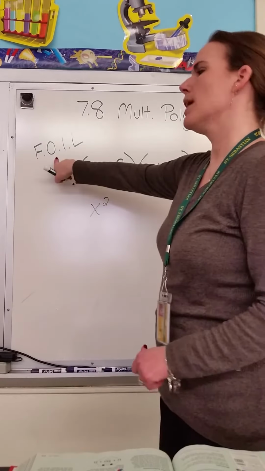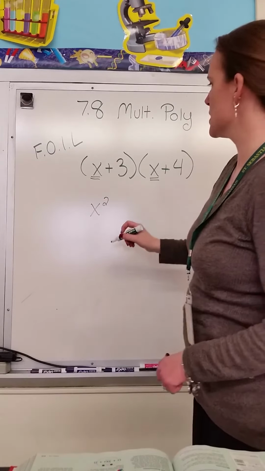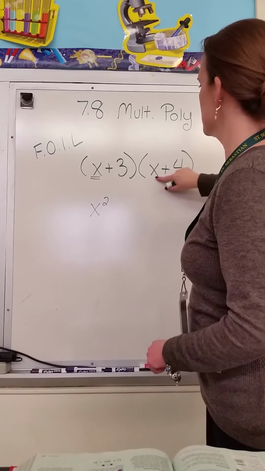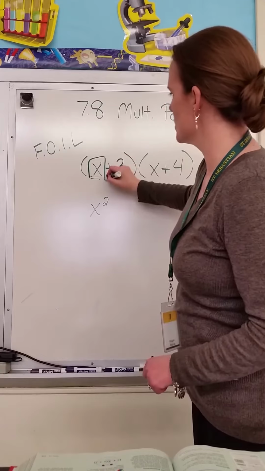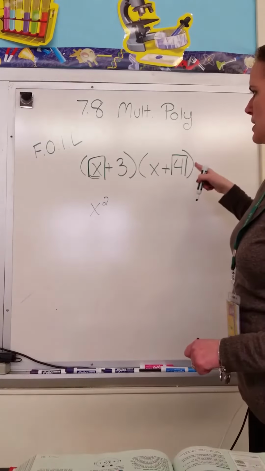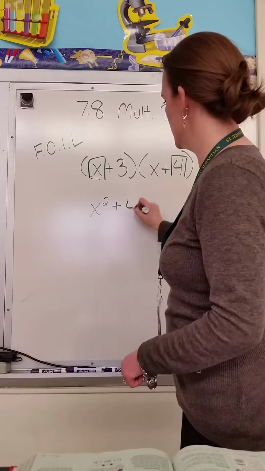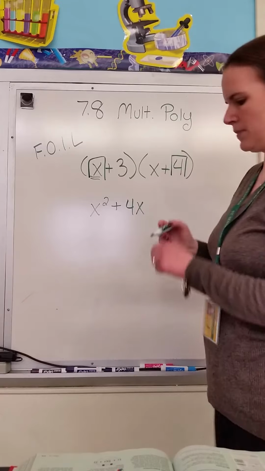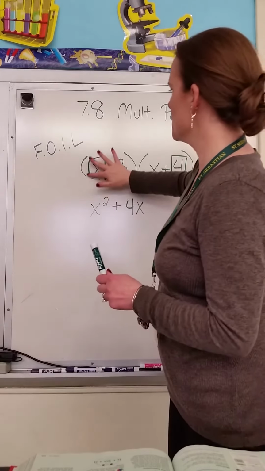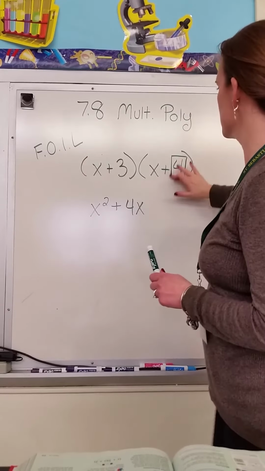Then you're going to do your outside. So you're going to take your outermost terms. This is outermost, this is outermost, so it's the outside terms. So x times 4 is 4x. Then you're going to do your inside most terms.